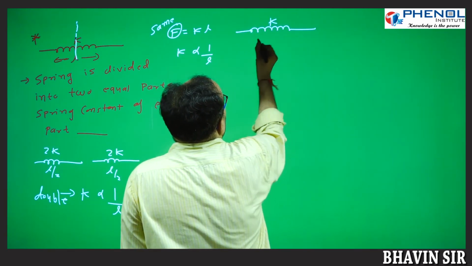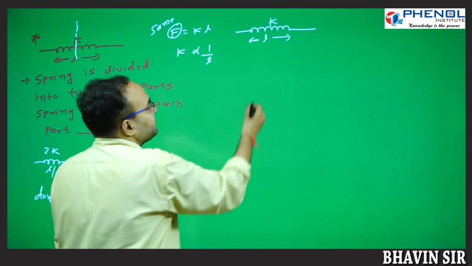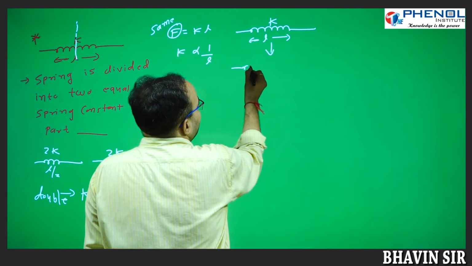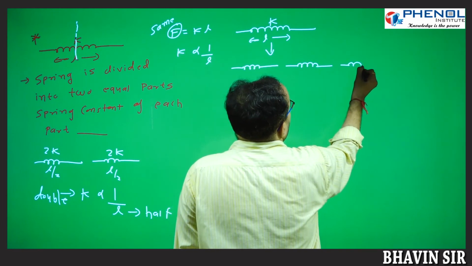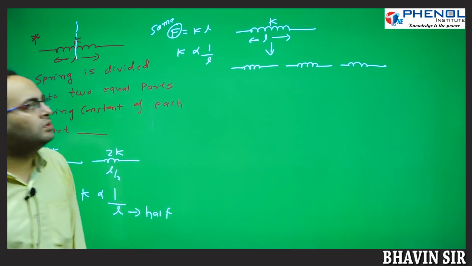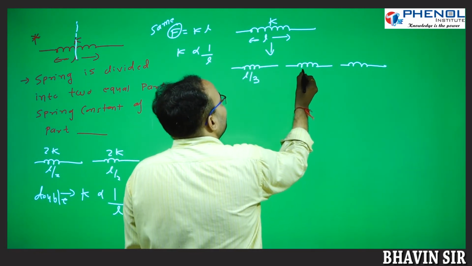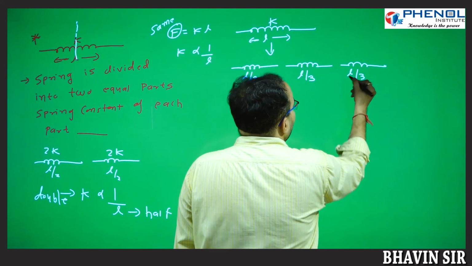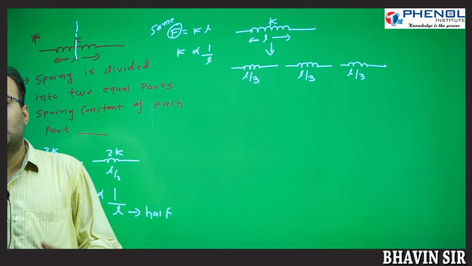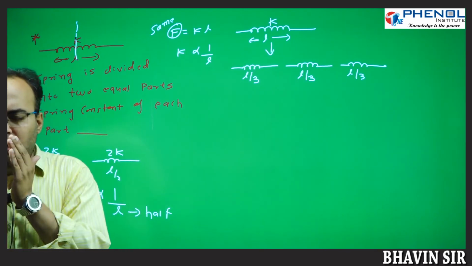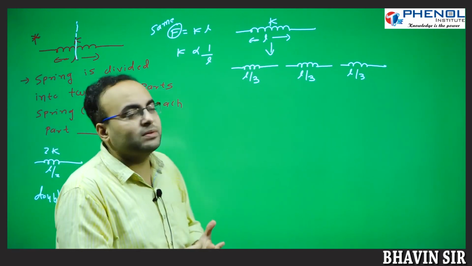Similarly, students, suppose the spring constant is K and the length is L. Now the spring is cut into three equal parts. Then what is the length of each part? L by 3, because the spring is divided into three equal parts.